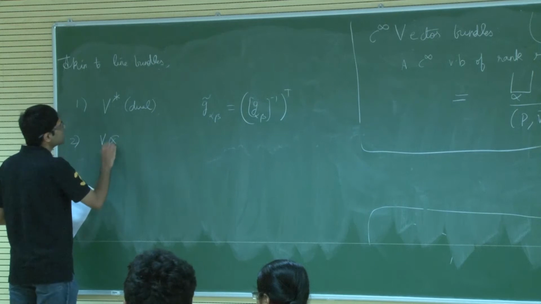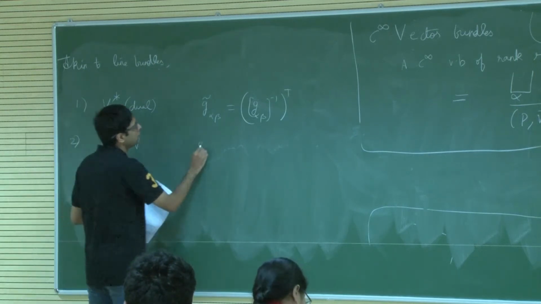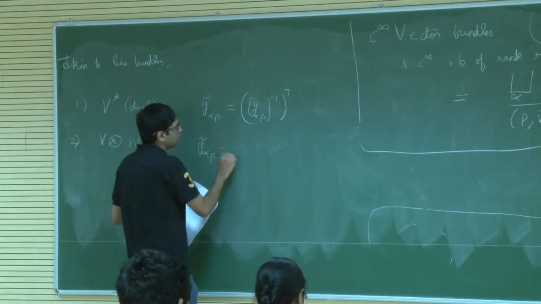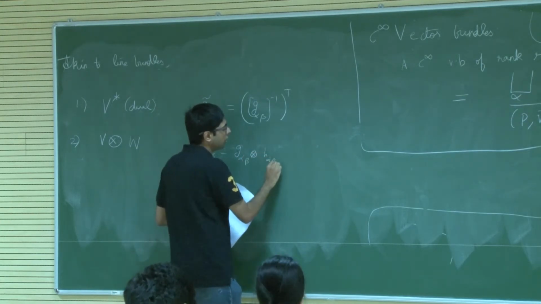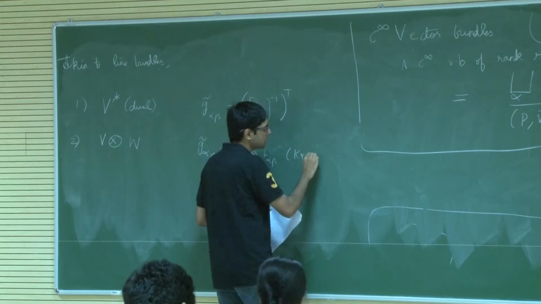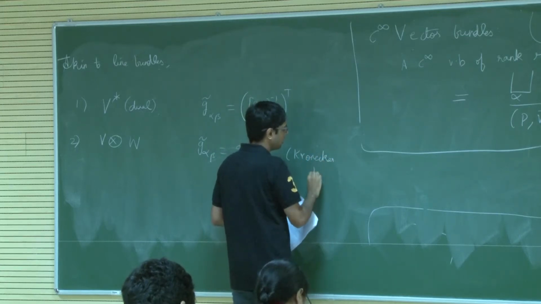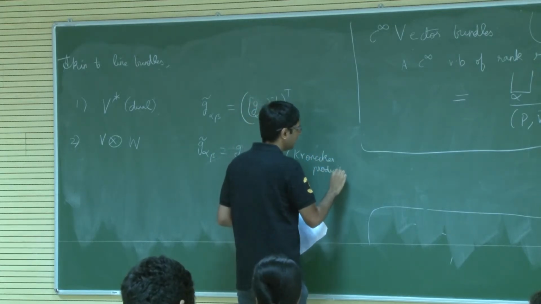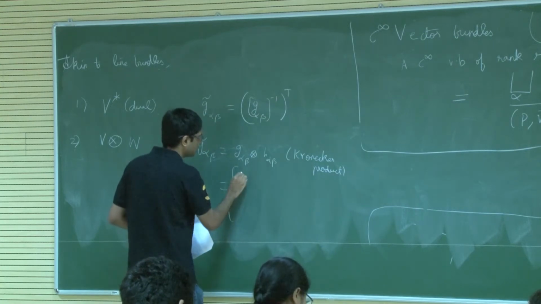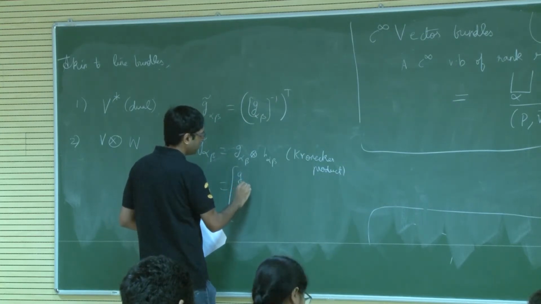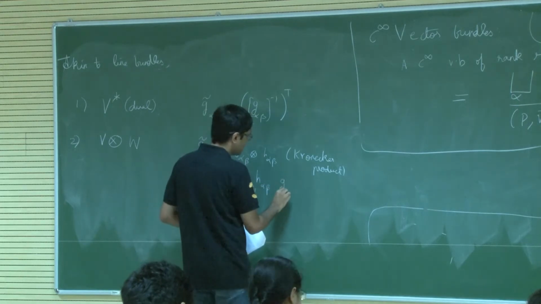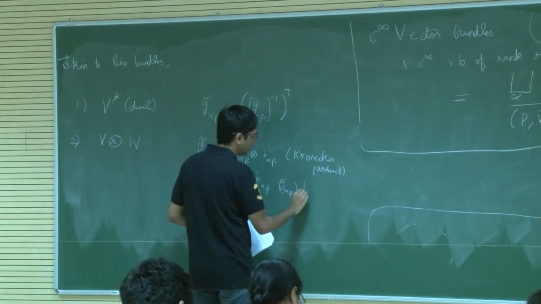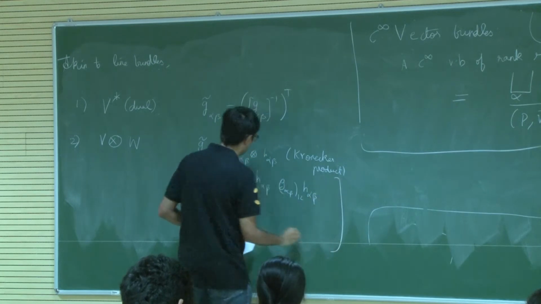If you have V tensor W, then this is the so-called Kronecker product of matrices, meaning that this is G_alpha_beta^11 times H_alpha_beta, G_alpha_beta^12 H_alpha_beta, and so on.